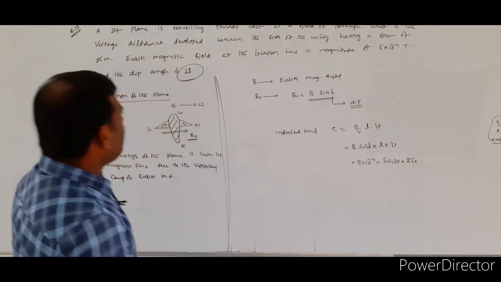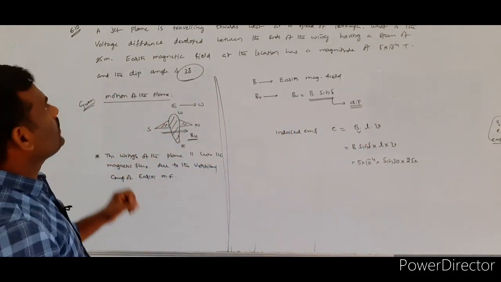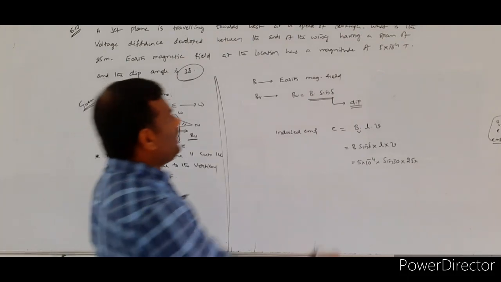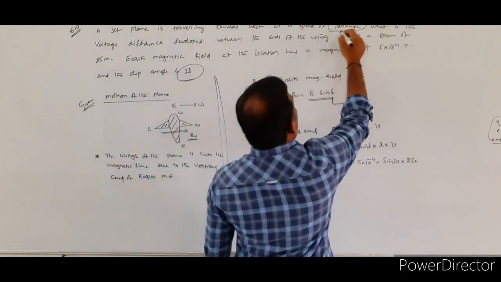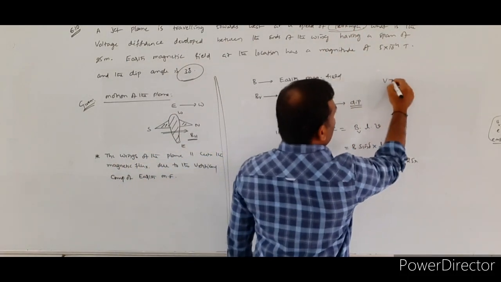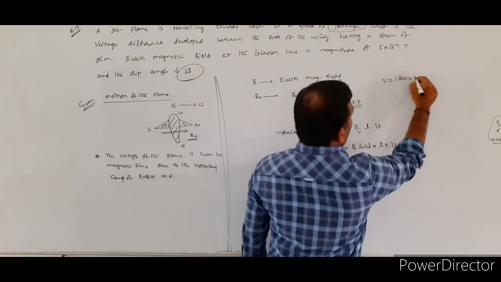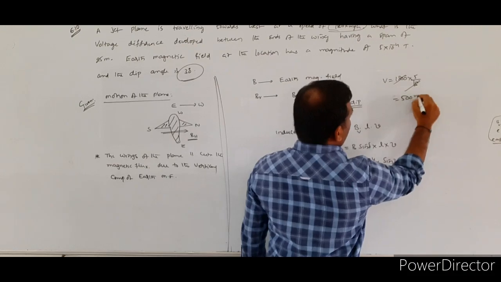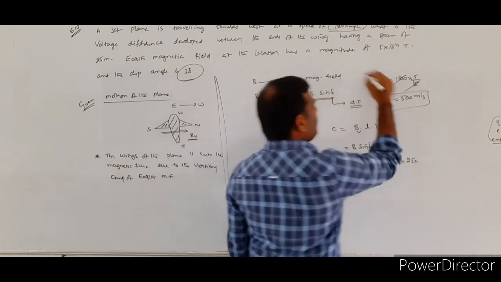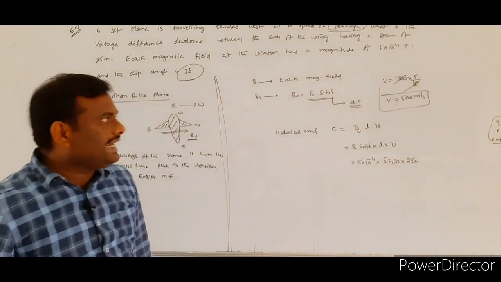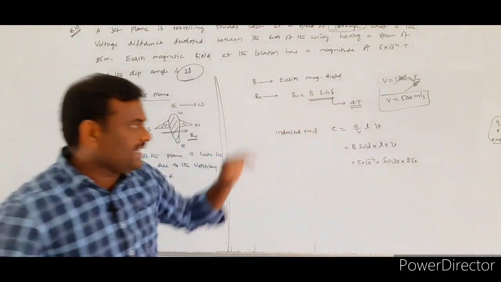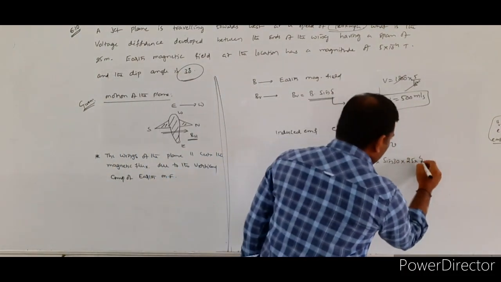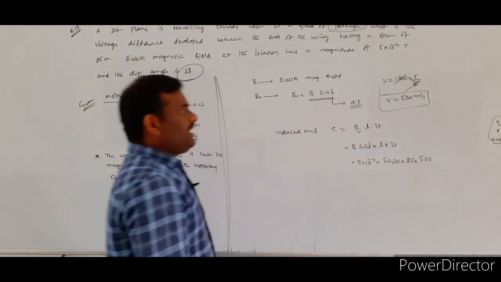The speed of the aeroplane is 1800 kilometer per hour. We have to convert it into meter per second, so the V value is 500 meter per second. In the place of V, we write 500.